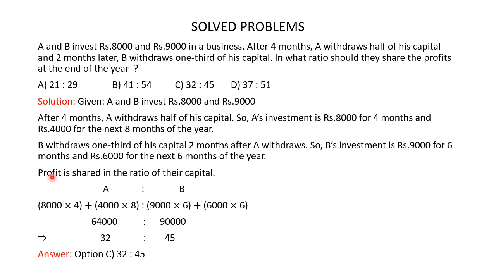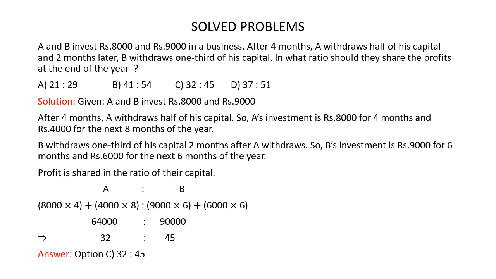Now you know that profit is shared in the ratio of their capital. So let's find the ratio A is to B. This will be 8,000 multiplied by 4 plus 4,000 multiplied by 8 for A. For B, it will be 9,000 multiplied by 6 plus 6,000 multiplied by 6.